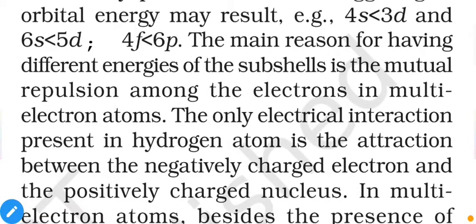Before that, as mentioned, in hydrogen we have only one electron, so no electron-electron repulsion occurs. That's why it only depends on principal quantum number. In hydrogen the only interaction is attraction between the nucleus and electron. In other multi-electronic species we have that attraction between nucleus and electron, but we also have electron-electron repulsion, so it is also a factor affecting energies.